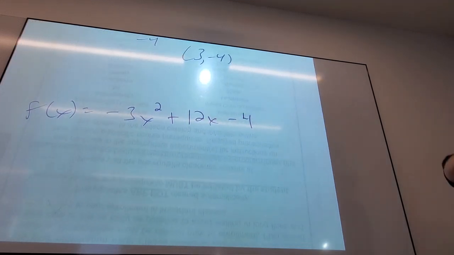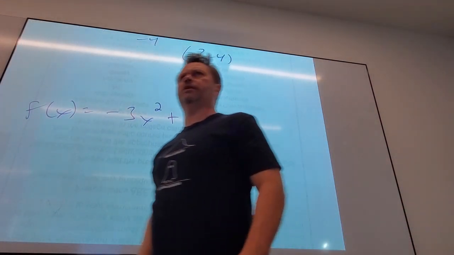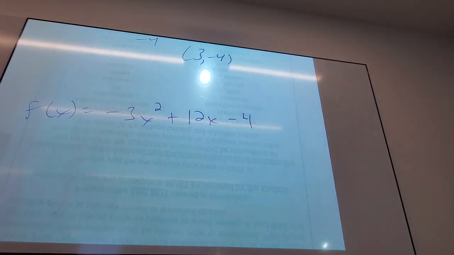Why does this have a maximum? Because it opens down, so the maximum would be at the top, right? If it opens up, minimum. Opens down, maximum.